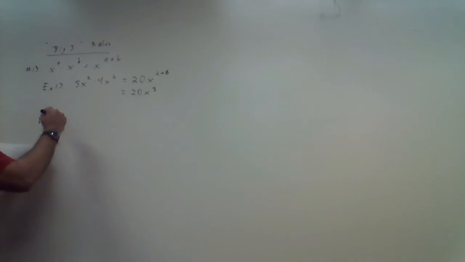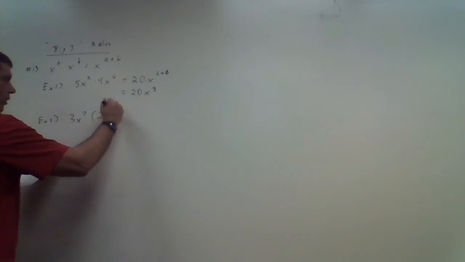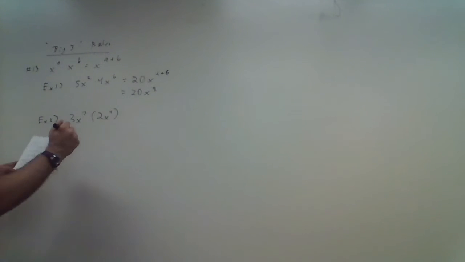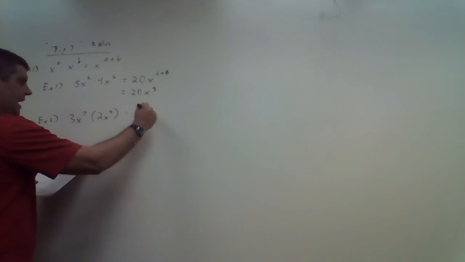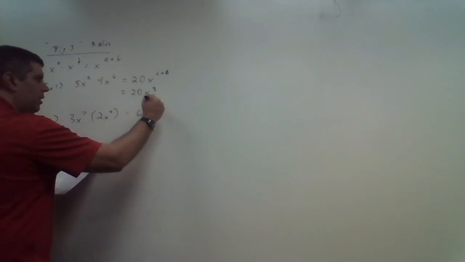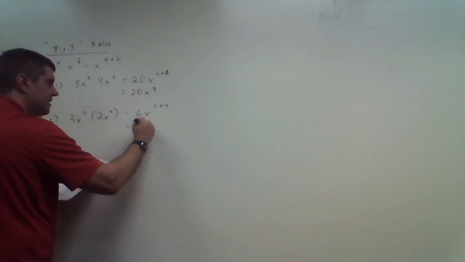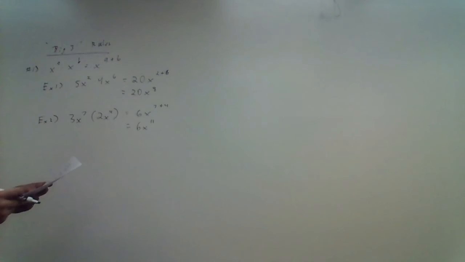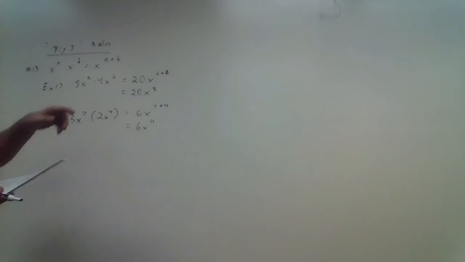Example 2 is 3x to the 7th times 2x to the 4th, which would give me 6, and then 7 plus 4 would give me 6x to the 11th. Okay? So if you are multiplying, you actually add the involved exponents.